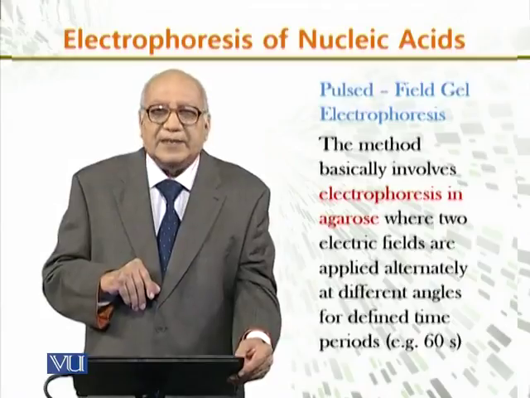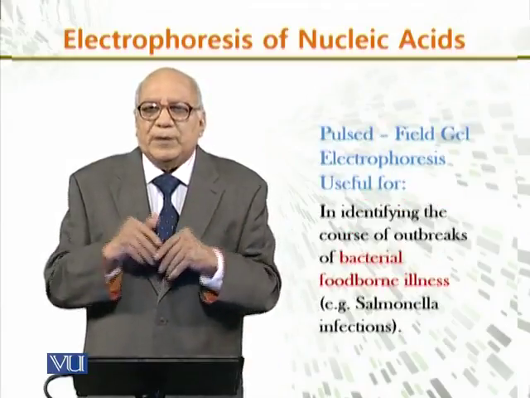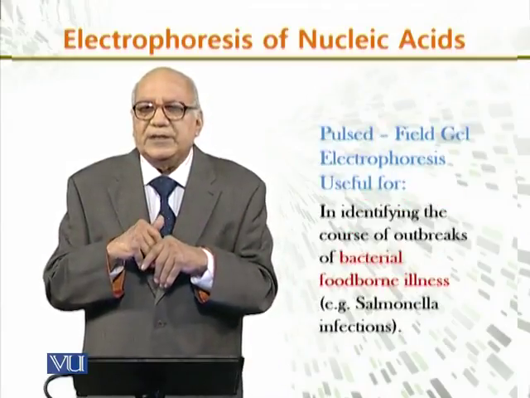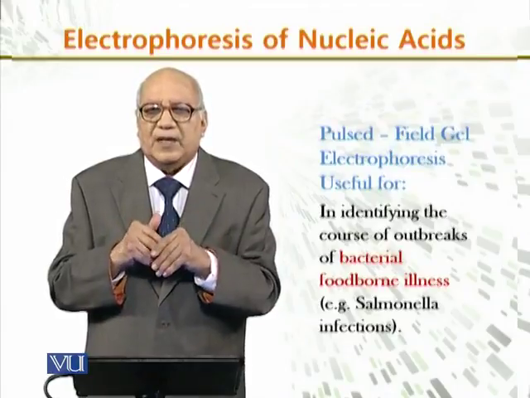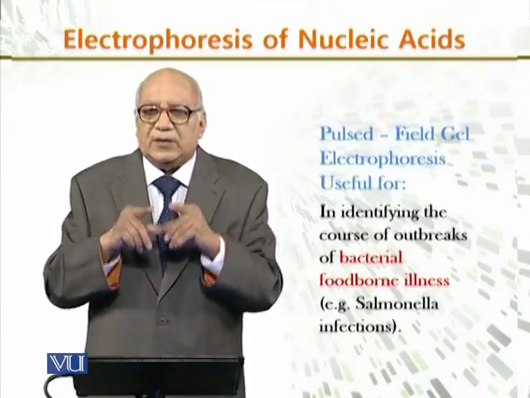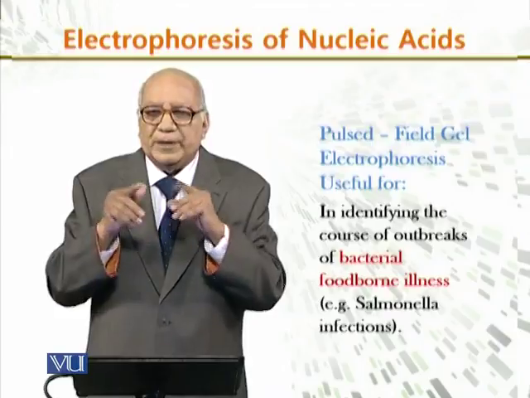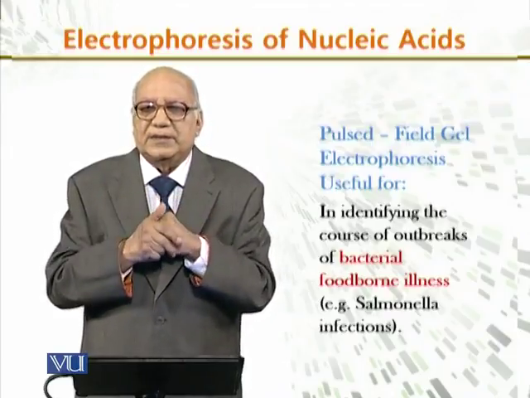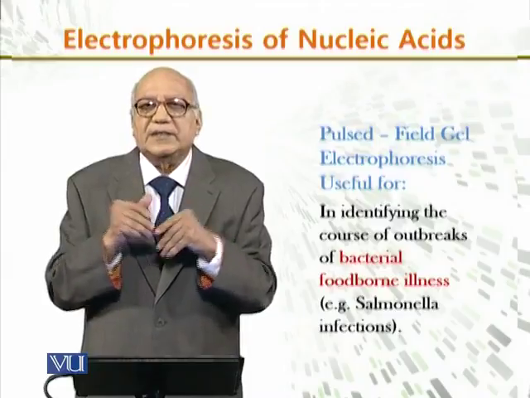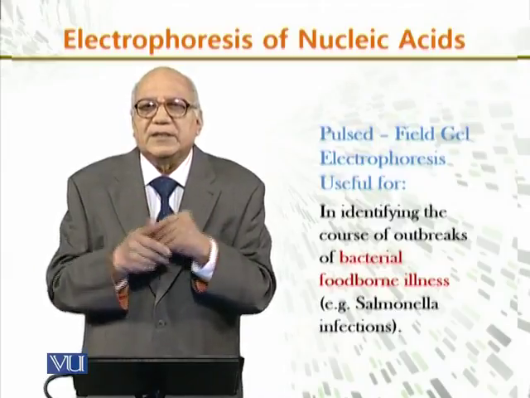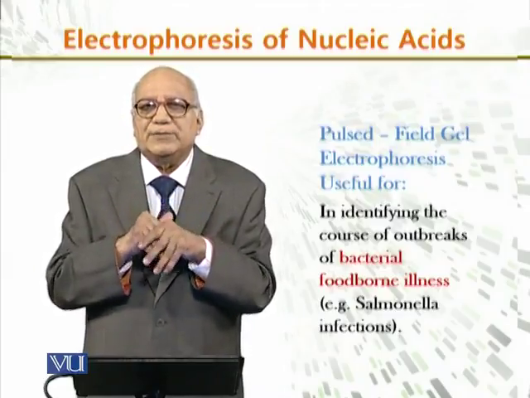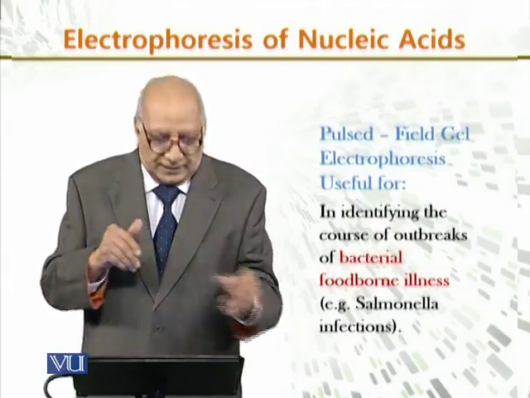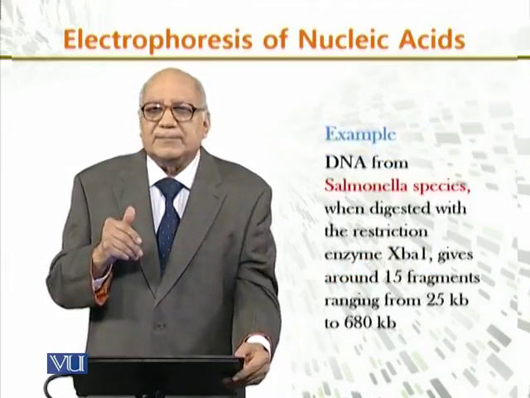Now, pulse field gel electrophoresis is used for identifying the course of outbreaks of bacterial foodborne illnesses, such as the illnesses caused by Salmonella typhi, that is typhoid, and other diseases.